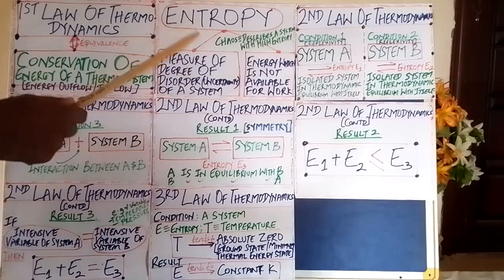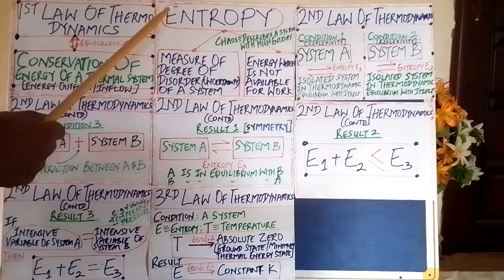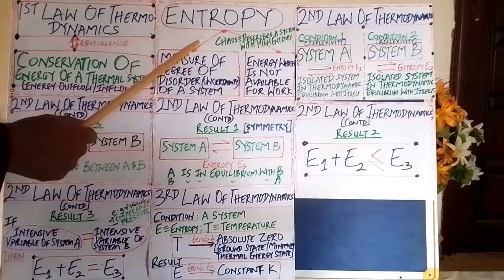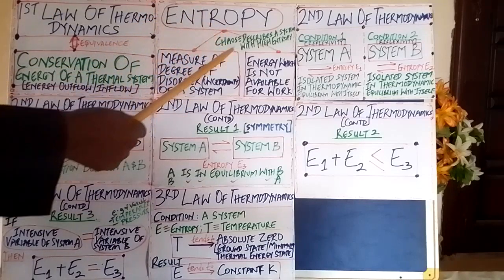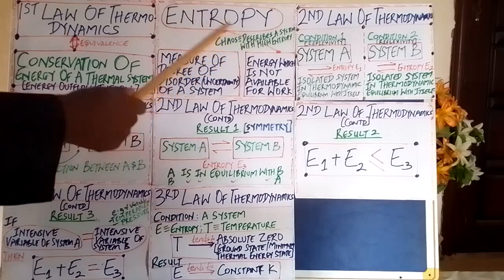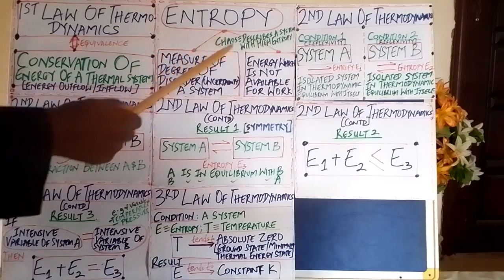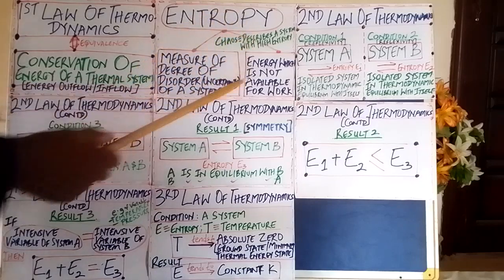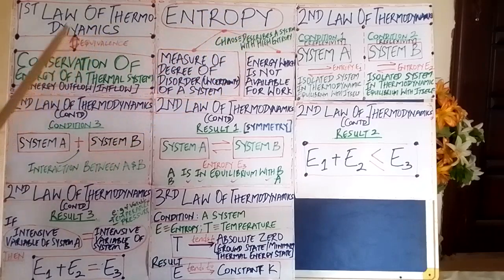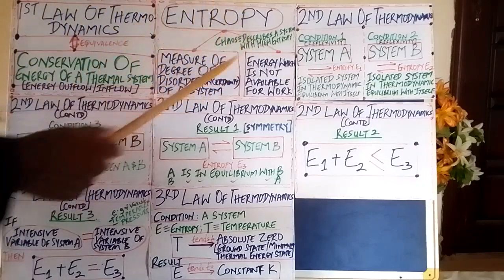And of course, there is a particular concept in statistical physics, the concept of chaos. Chaos is not exactly the same as entropy, but it has a strong link with entropy. Chaos just describes a system that has high entropy.